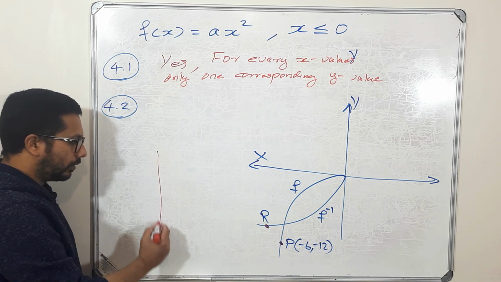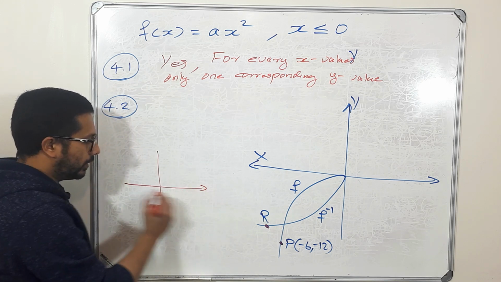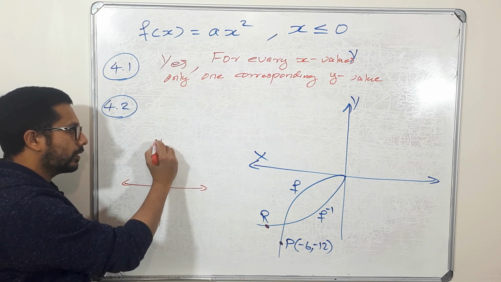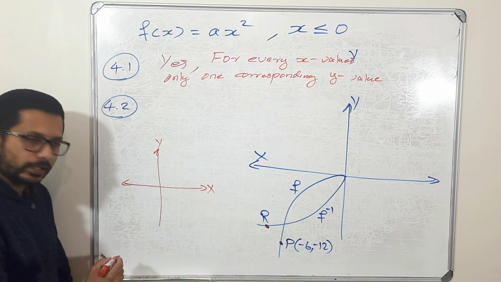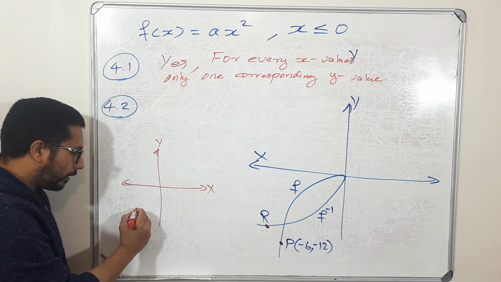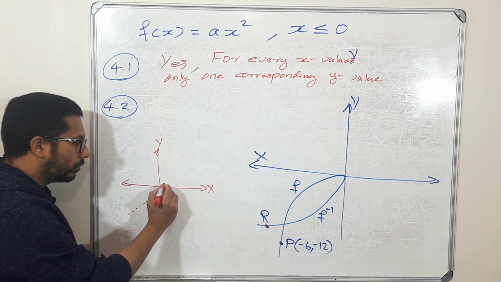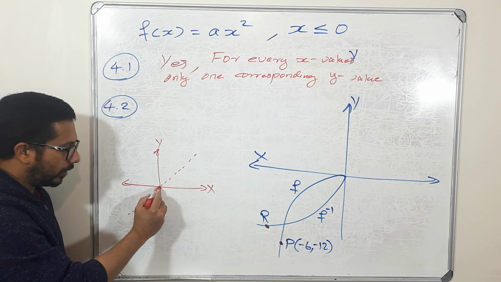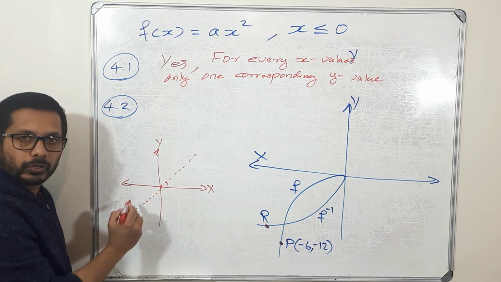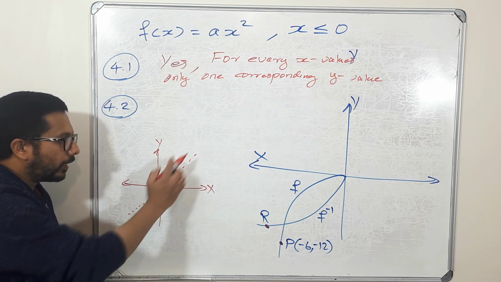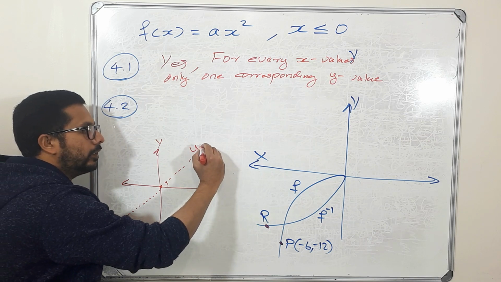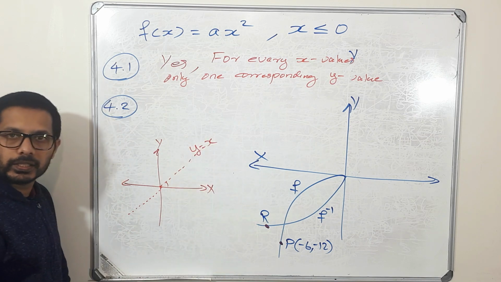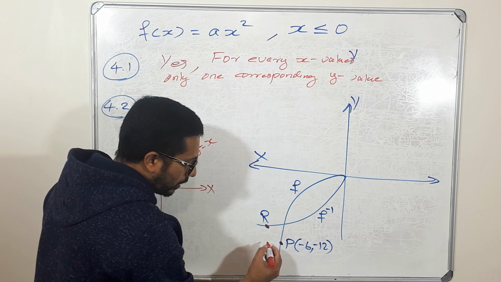Now in grade 10 you studied, assume that this is the y axis and this is the x axis, and this line passes through that center point, and make sure that this angle is 45 degrees. The equation of this line is known as y = x. So here where is that y = x?